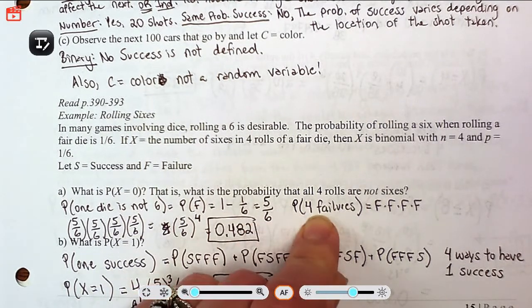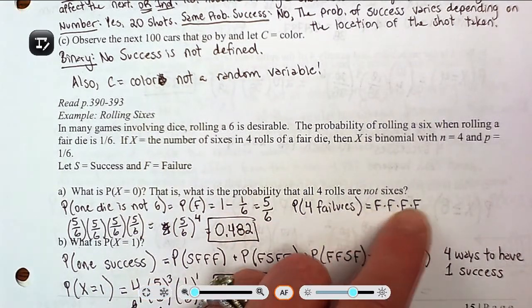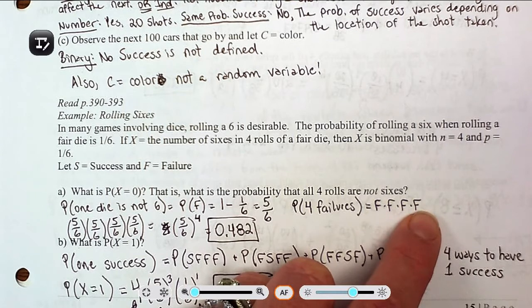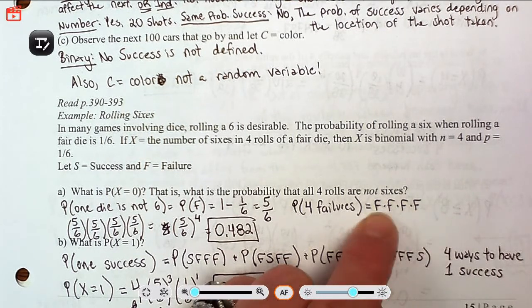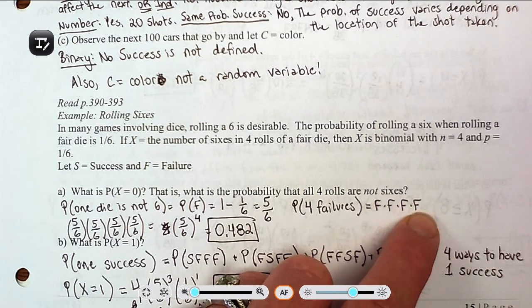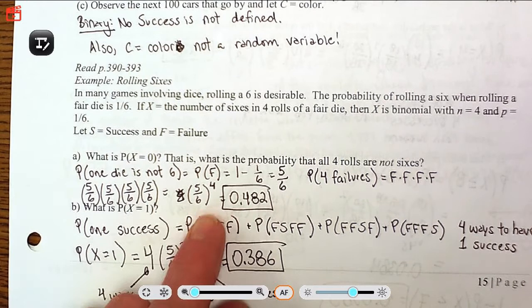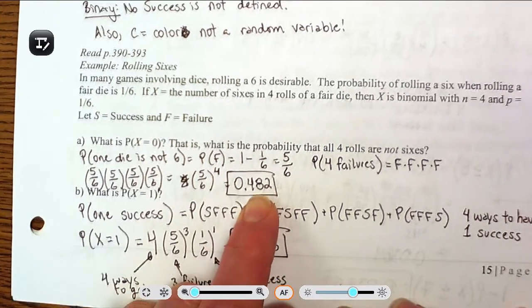The probability of 4 failures is failure times failure times failure times failure, because we want to fail and fail and fail and fail. So ands we replace with multiplication, and because we have independence, we don't need to use conditional probability. So we can just straight multiply (5/6)^4 and get 0.482.